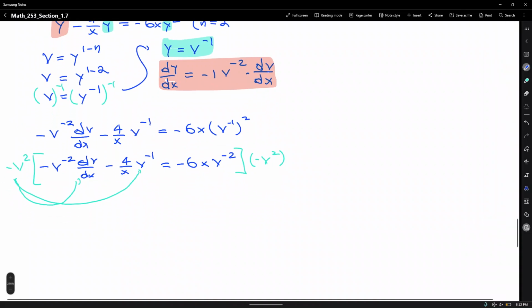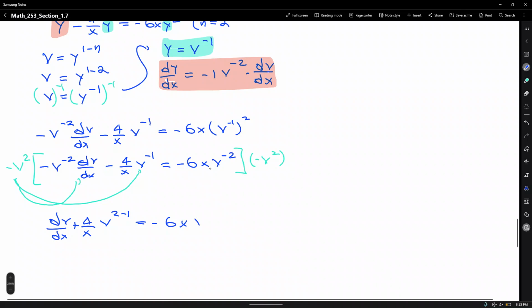All right, so negative is positive, this v is canceled, we get dv/dx. What about negative v squared times v to the negative 1? That's essentially a 2 minus 1 in the exponents. Negative times a negative is positive, 4 over x, v to the 2 minus 1, equals negative 6x.